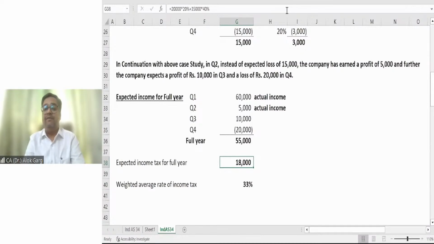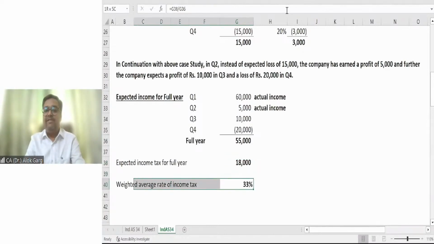Your total tax on 55,000 is 18,000. You remember the tax slab? भाई मेरा अगर 55,000 रुपए का पूरे साल में प्रॉफिट होगा तो मेरा टैक्स कितना होगा? पहले 20,000 पे 20%, अगले 35,000 पे 40%. So 20% on the first 20,000 and 40% on more than 20,000. So 18,000 will be my tax on the full profit and my expected weighted average rate is 33%, right?